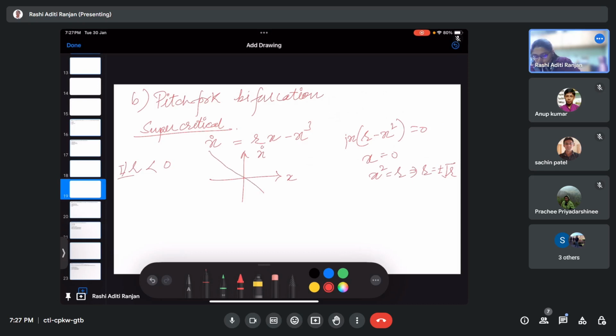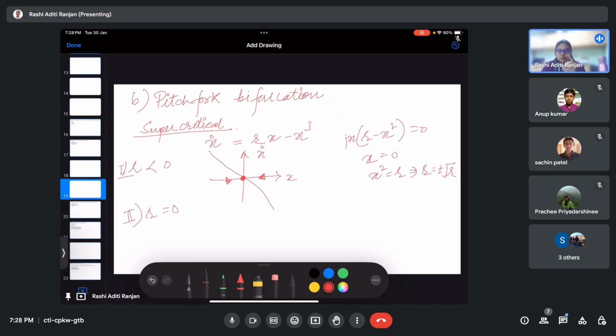It's going to go like this. And this is going to be a stable fixed point, isn't it?